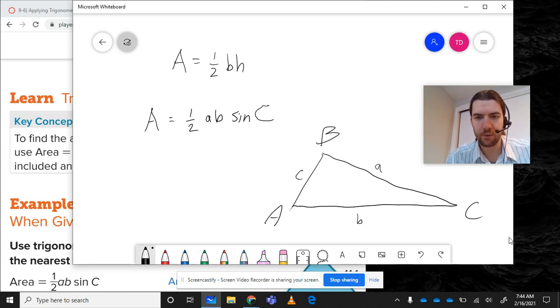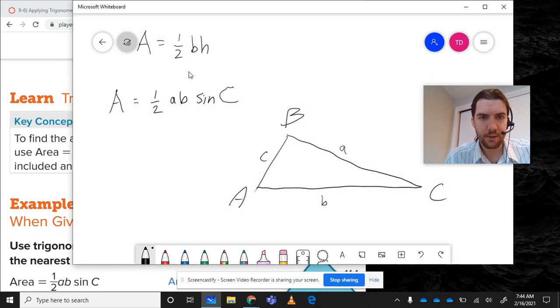Okay, so this is kind of how you'd typically label the sides and the corners of a triangle. So this is saying that you can get the area by doing 1/2 of this length times the sine of this angle C.